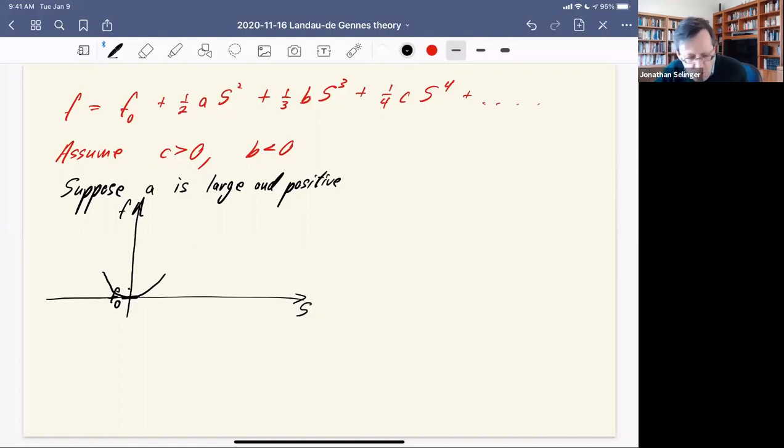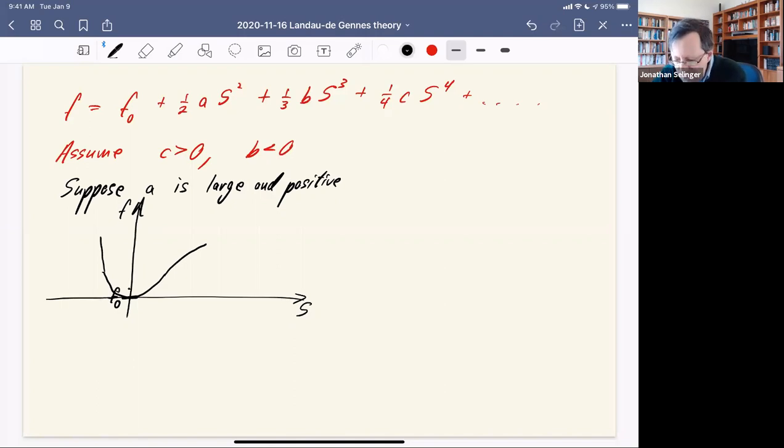Now, when S becomes larger, the S cubed term becomes important. Remember, we're assuming that B is negative. So the BS cubed term is going to pull the function down a little when S is positive and push it up more when S is negative.